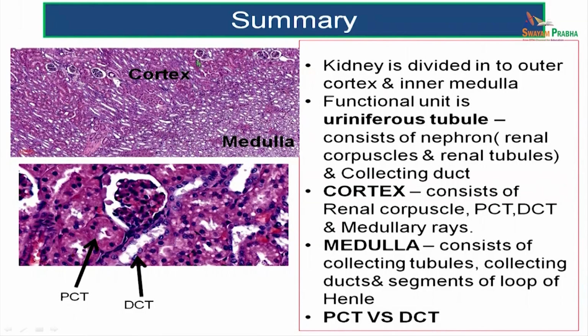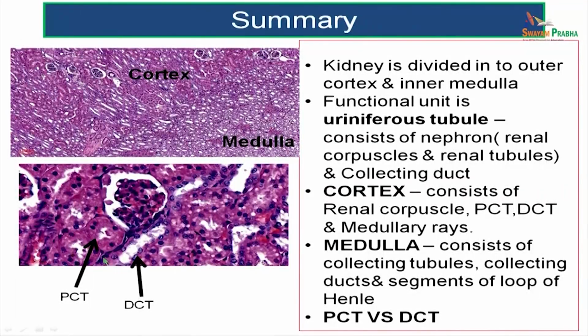As you can see from this picture, the cortex consists of renal corpuscles. Outer to this are the proximal convoluted tubule, distal convoluted tubule and medullary rays. The medulla consists of collecting tubules, collecting ducts and segments of the loop of Henle.